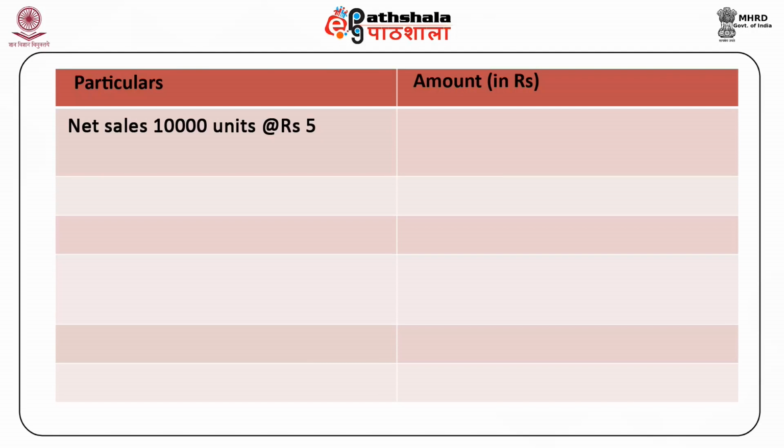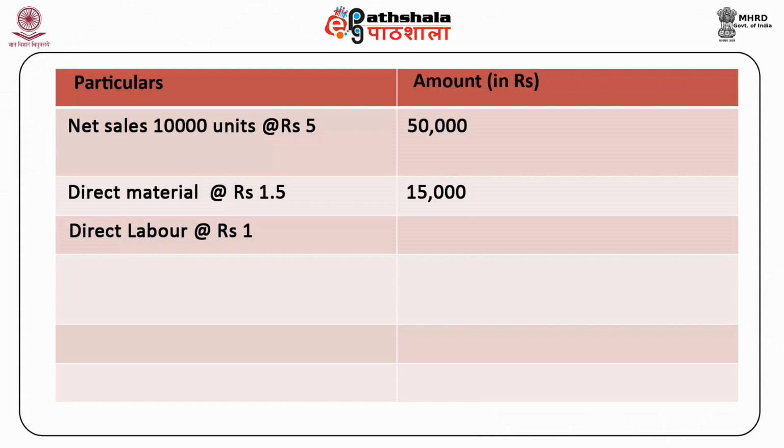Net sales is 10,000 units at the rate of Rs 5, that is Rs 50,000. Costs are direct material Rs 1.50 per unit, such that the total cost comes out to be Rs 15,000. Direct labor Rupee 1 per unit, that is, total direct labor cost is Rs 10,000.